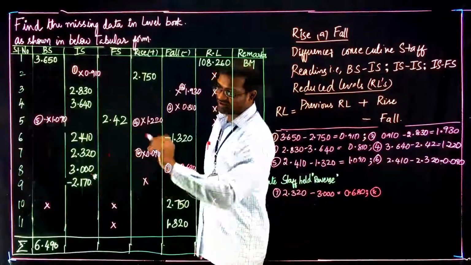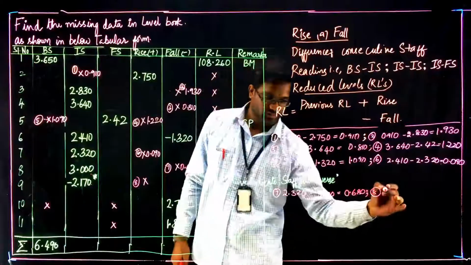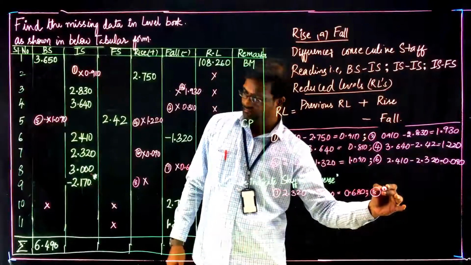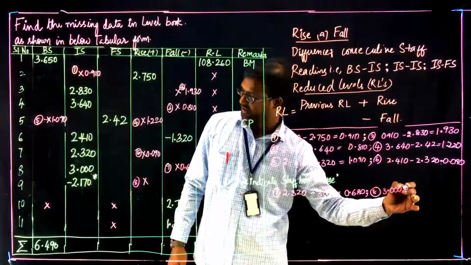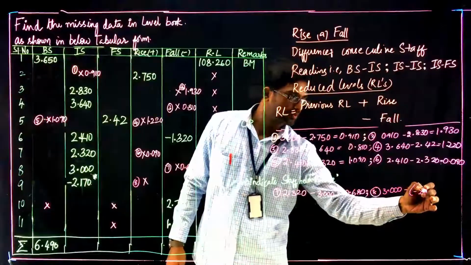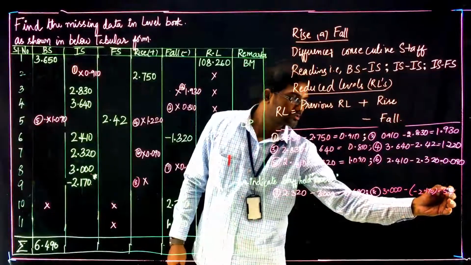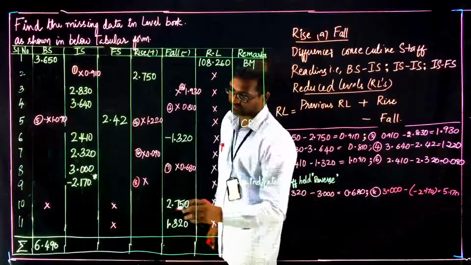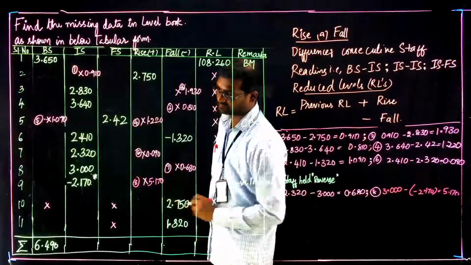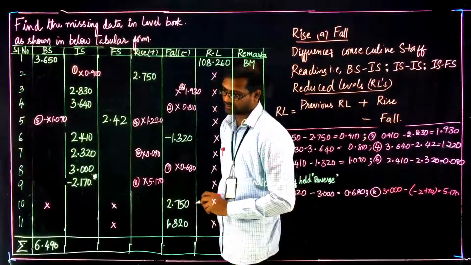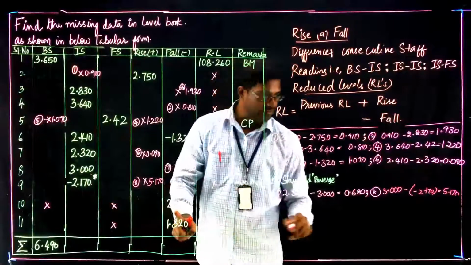Now this minus this value will give you this value, 8. So 8 is given by 3.000 minus minus 2.170, which gives a value of 5.170, which is positive. Now this minus this will give you this value.